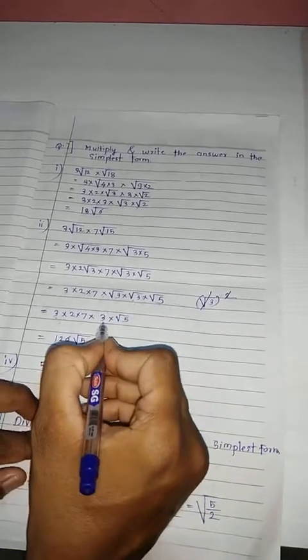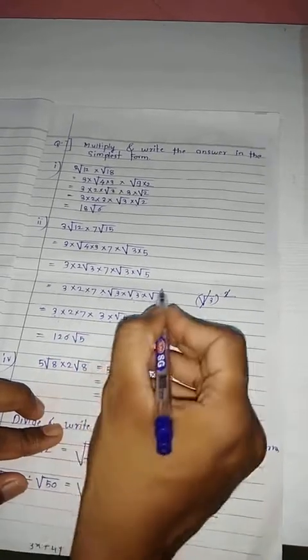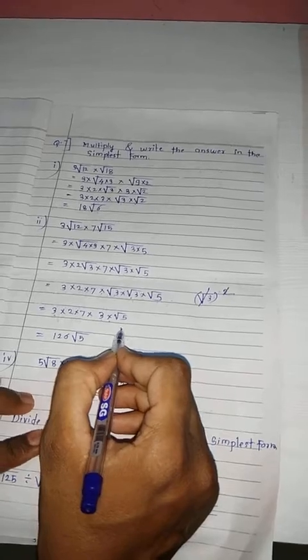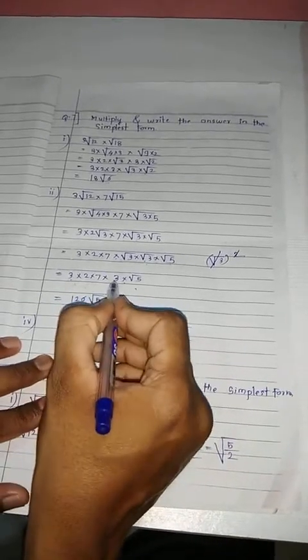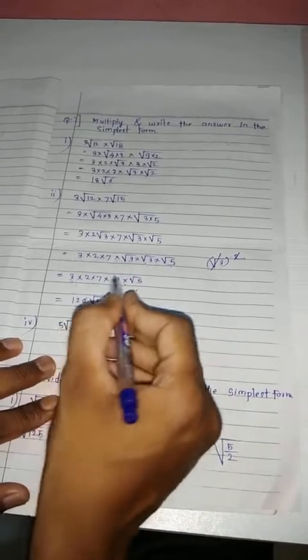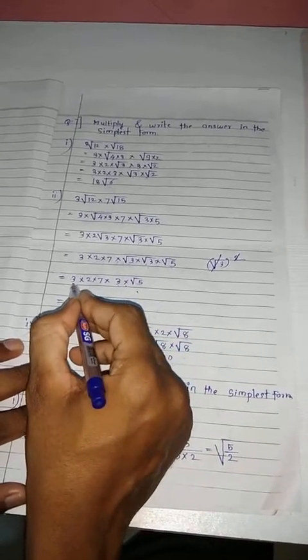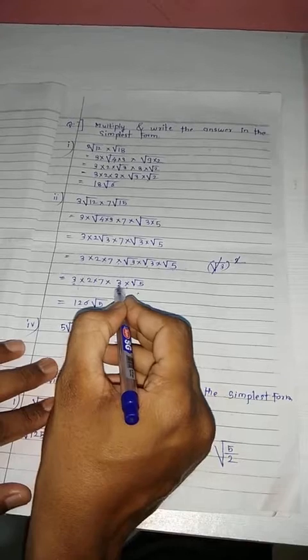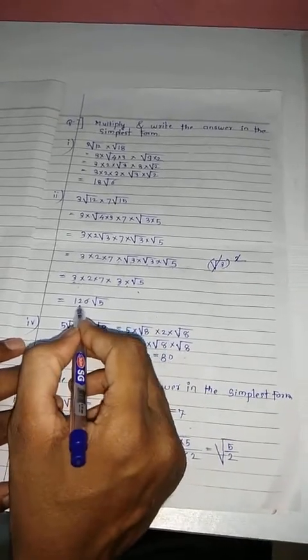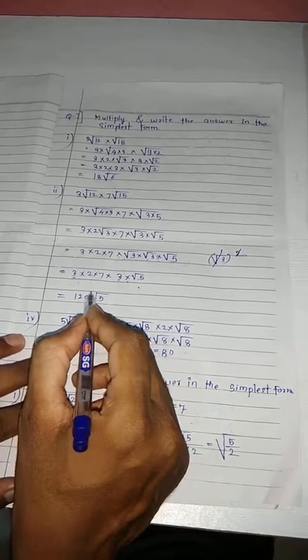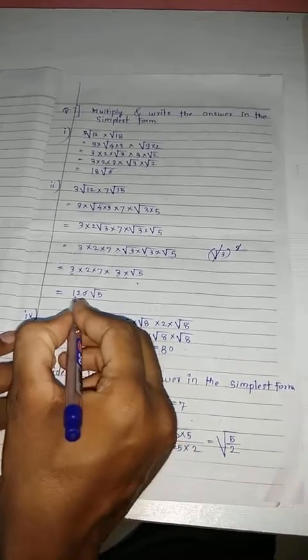The answer is 3 into root 5. Okay, so we do the multiplication of the numbers. 3 2s are 6, 6 3s are 18, and 18 7s are 126 into root 5. Okay, so this is the simplest form.